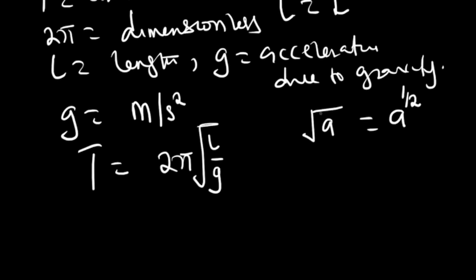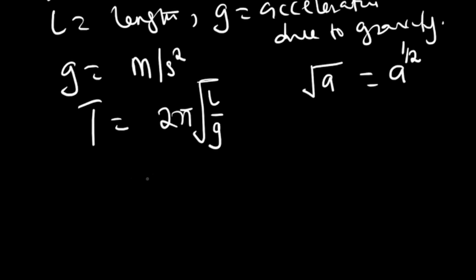When the number is in square root form, you can change the way it appears by writing that number raised to the power of half. So I am going to rewrite the L and the G, since they are under one square root, as L to the power of half and G to the power of half. That's what we're going to do right now.